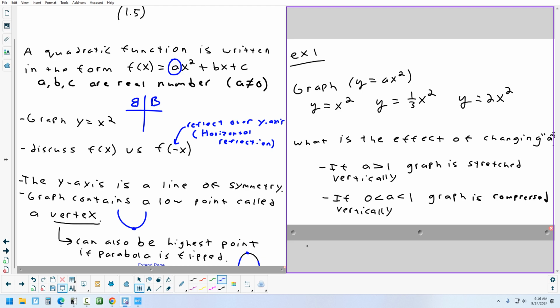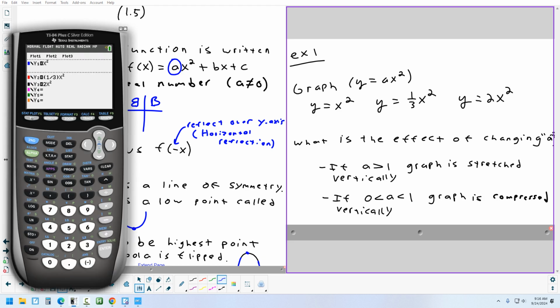If you put in a number bigger than 1, 2, 3.7, whatever you want, anything bigger than 1, that's going to cause the graph to stretch. The bigger you make the number, the more it's going to stretch. Here's one in pink that's stretched out even more vertically. So the bigger you make the number in front of x squared, the more of a stretch you get.